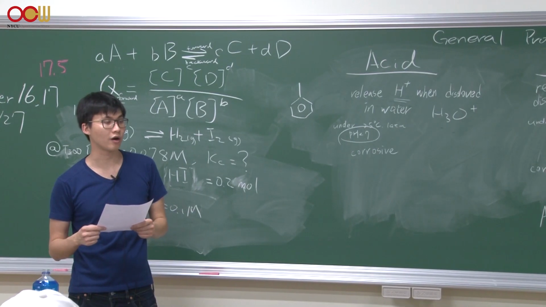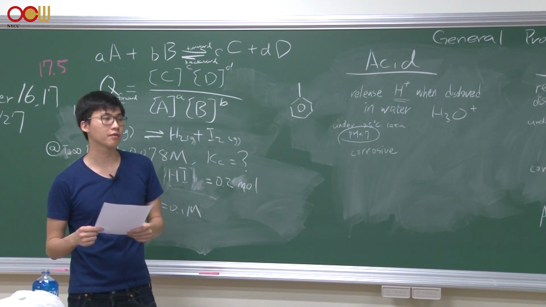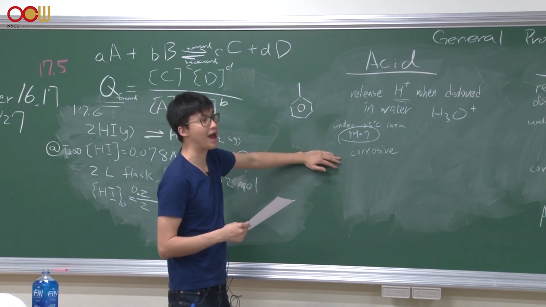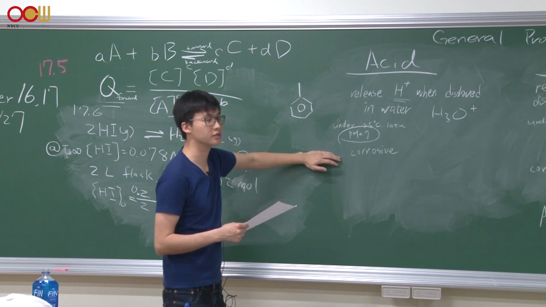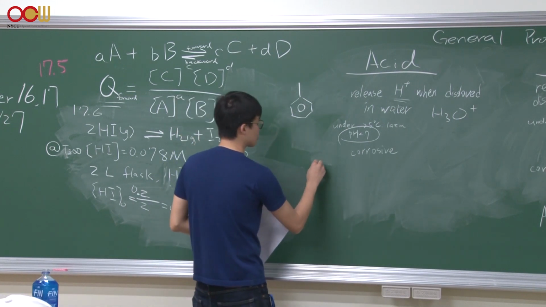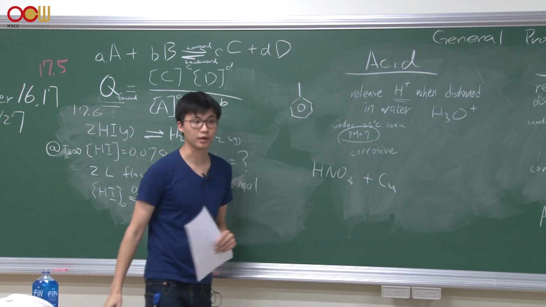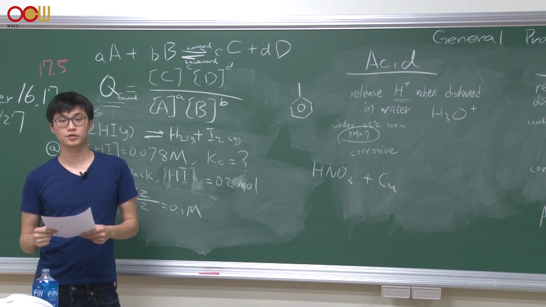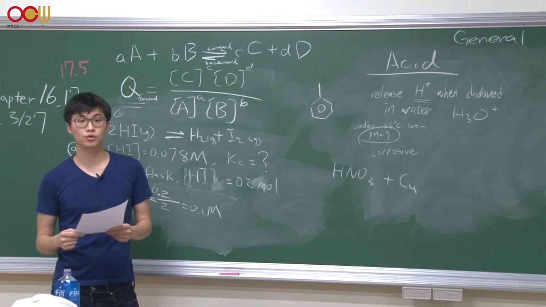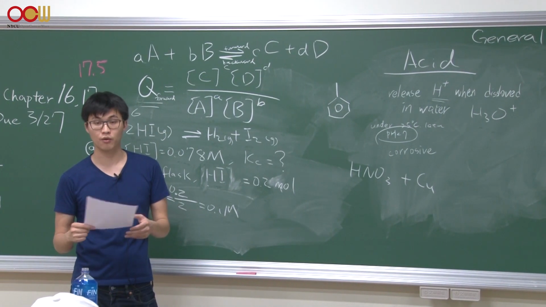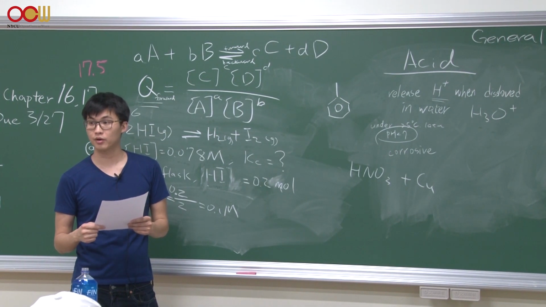And then why are strong acids corrosive? So when I think of the corrosiveness of acid, I instantaneously think of the reaction between nitric acid and copper, okay? And we'll touch more on this when we talk about batteries. So it has to do with its oxidation power and reduction power, okay?